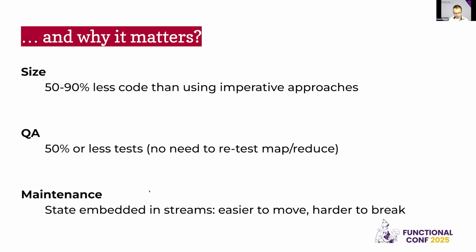I think that should be the focus, and functional reactive programming is the way to get there. Also, since we do reactive streams, as we're going to see in a moment, state is normally embedded in them, so it's really harder to break.